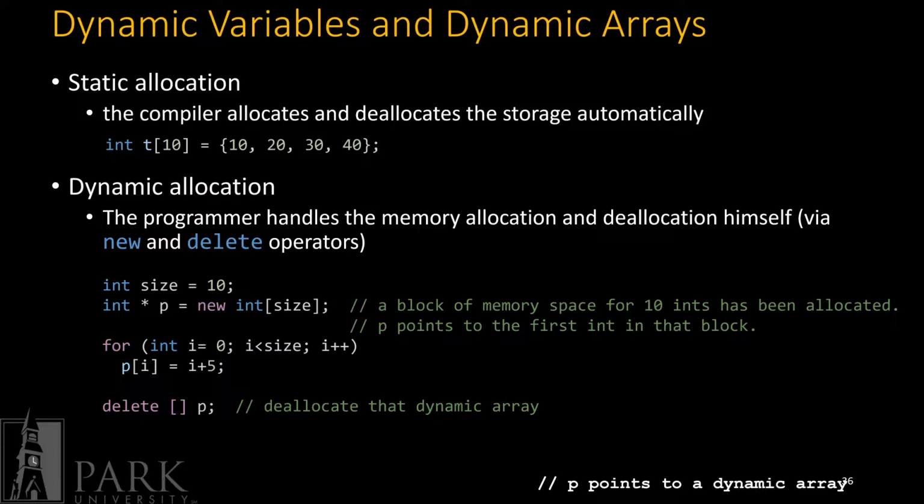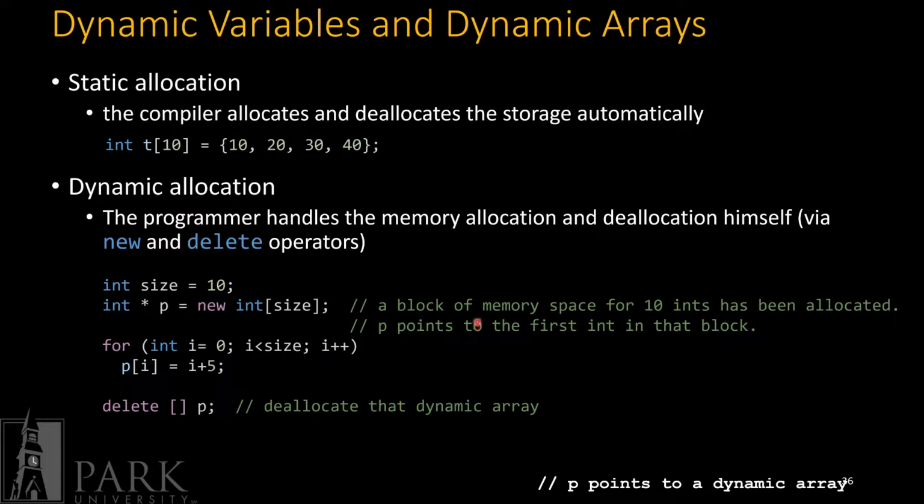So here you can see we've got the keyword new, and we're telling it, hey, I need 10 ints worth of space, and give me the first address of that block. And then we're going to assign it to the pointer right here.